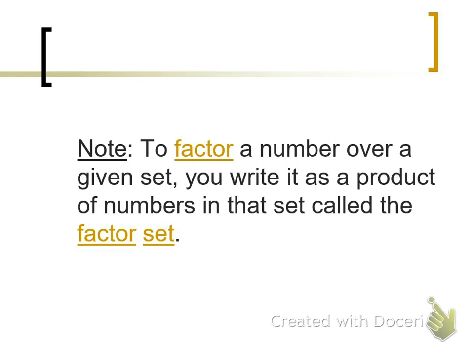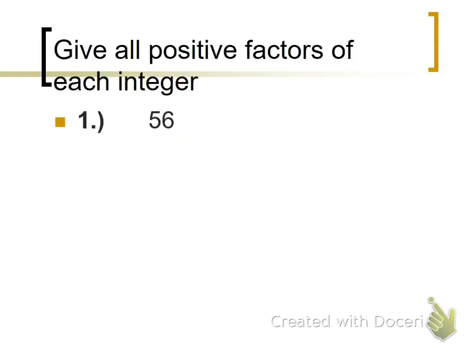Okay, we talked a little bit about factors yesterday. So today we are going to start off by listing positive factors of each integer. So that means how could we write this number as a multiplication problem?